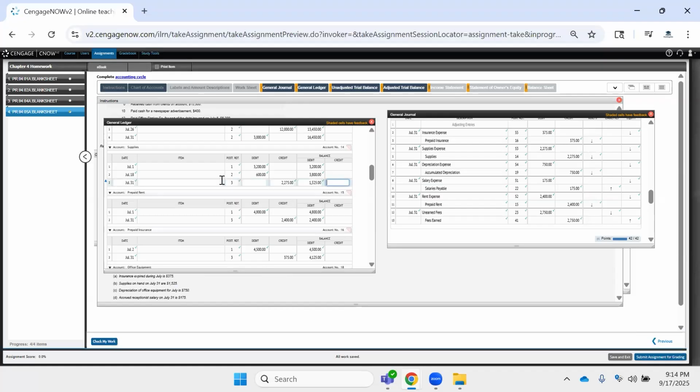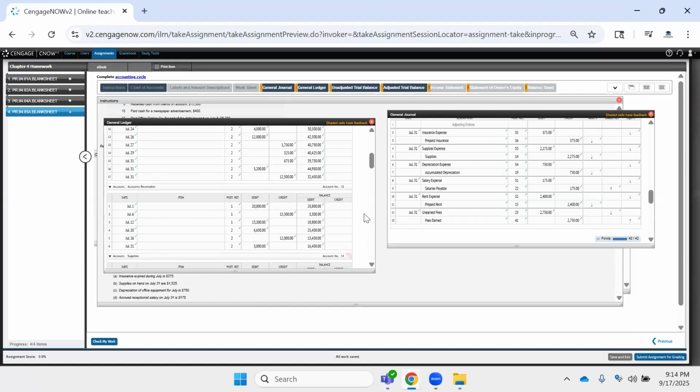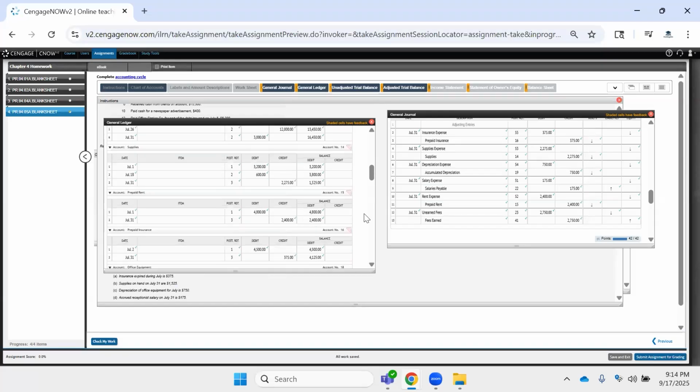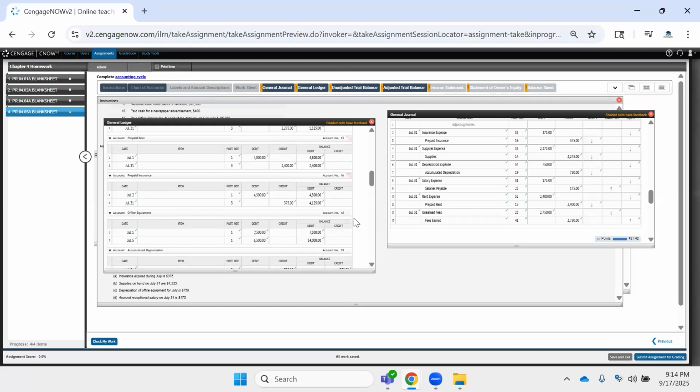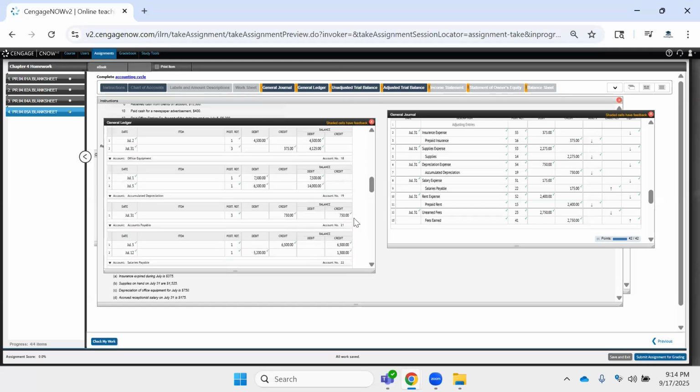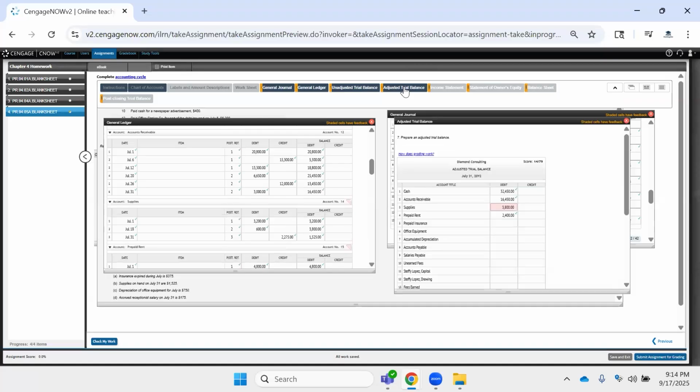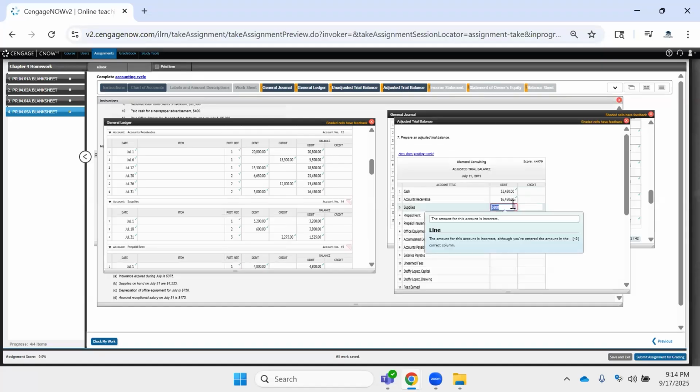And there we go. And so now we have our adjusted trial balance, 1,525. So you can see that's correct.